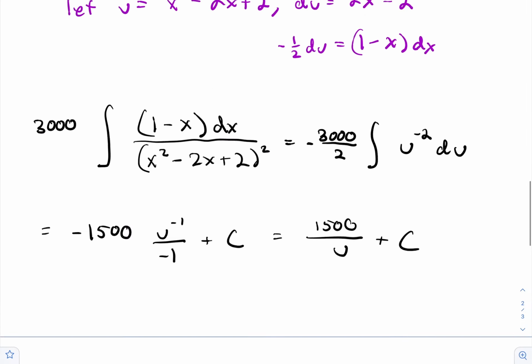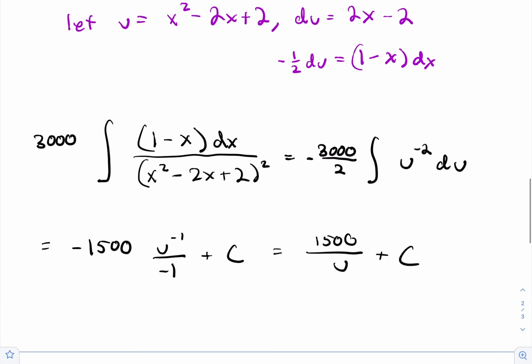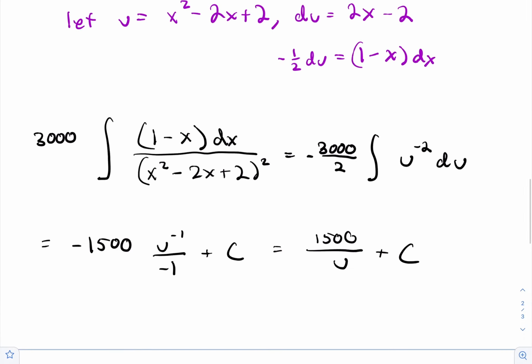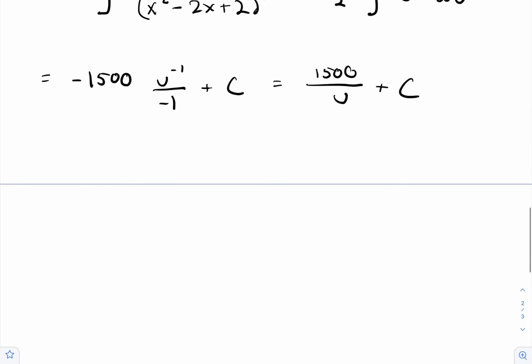Then let's put our u back. So u is x squared minus 2x plus 2, and we have 1500 over x squared minus 2x plus 2 plus some constant.